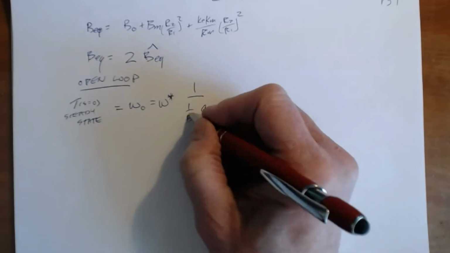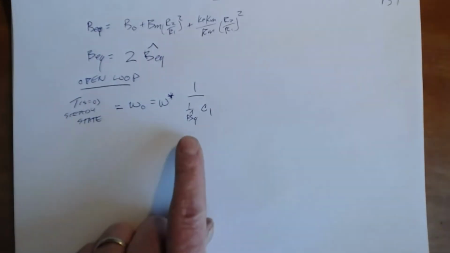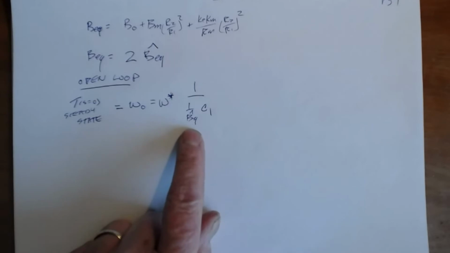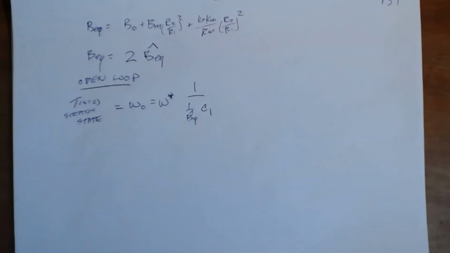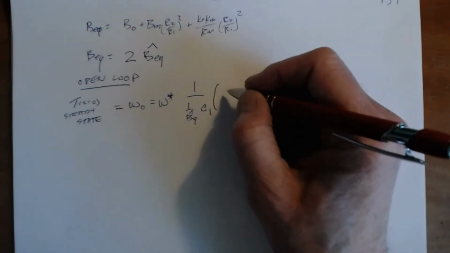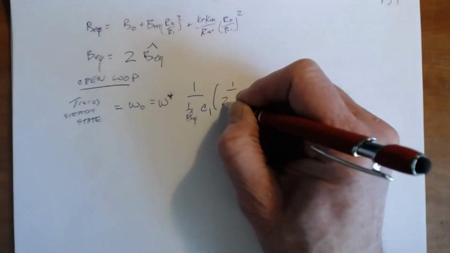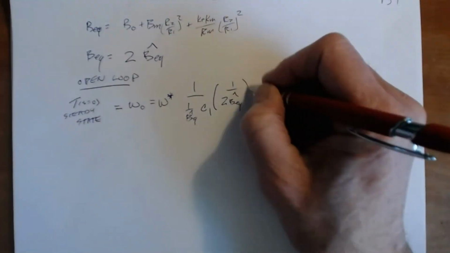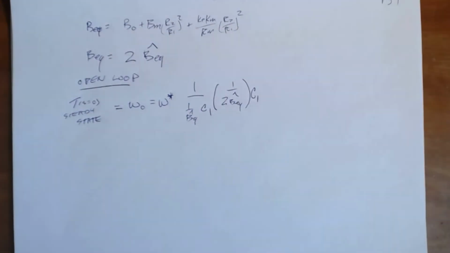Right? So earlier, we said I can calculate how much the voltage needs to be. And now I'm going to run it through my system. So this is the system, 1 over 2 B equivalent. So the actual system is twice 1 over the system.